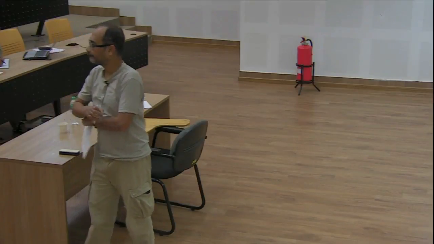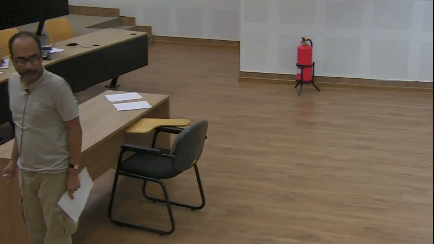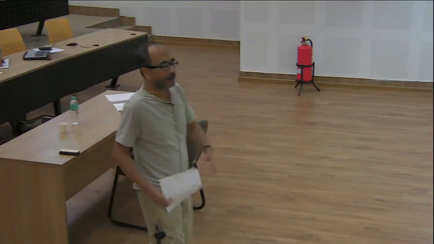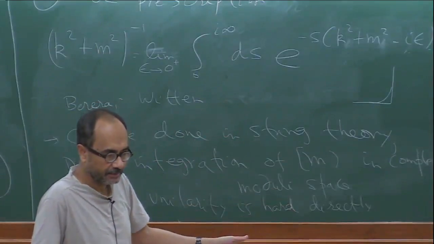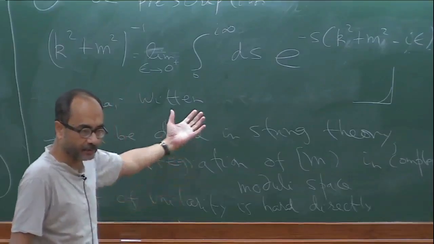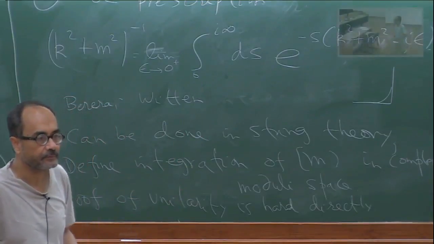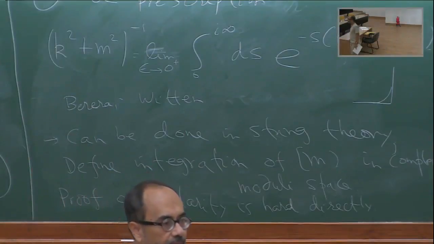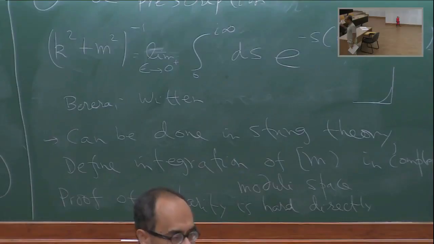What would be the proof of unitarity hard directly? For example, cutting rules. The fact that the imaginary part of the amplitude that you get this way is given by the sum over cuts, right? That has not been established with this Schwinger parameter representation. Yes, but again, when you try to prove equivalence to light cone gauge, there are various contact terms.